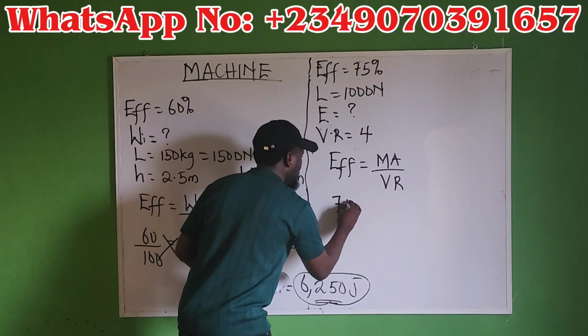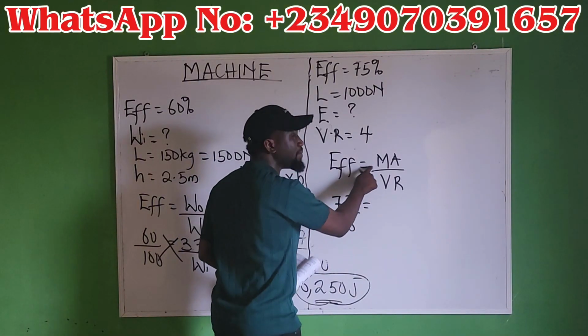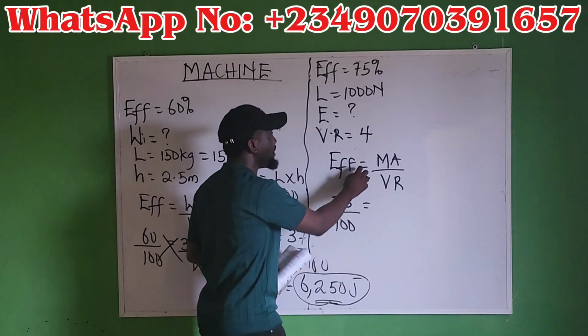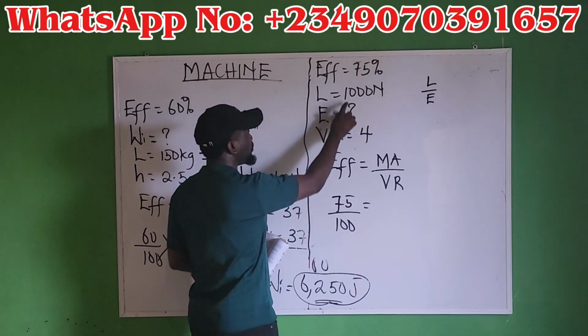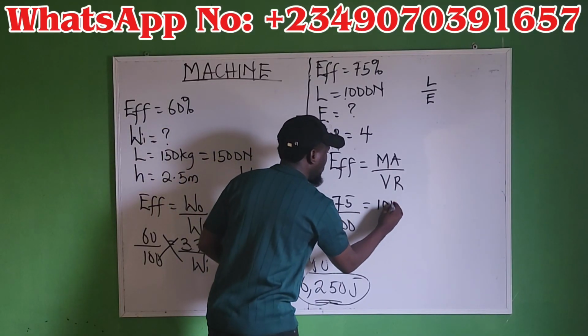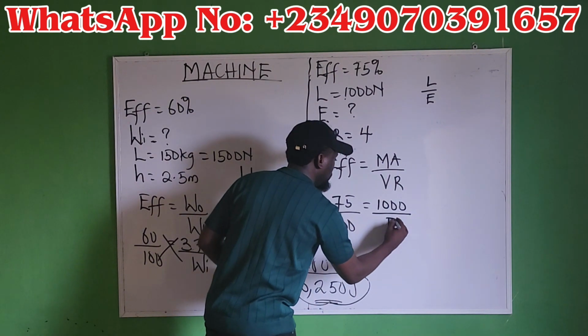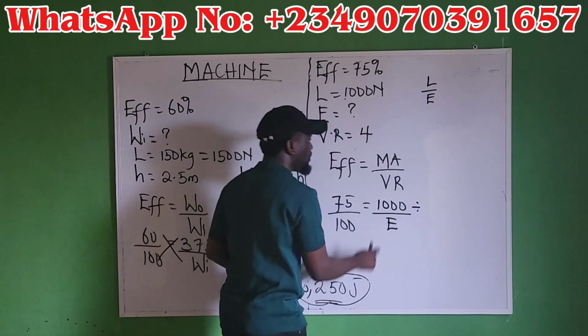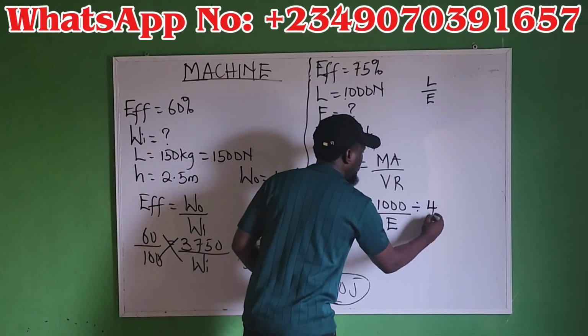So 75 over 100 is equal to mechanical advantage over velocity ratio. Don't forget that MA is load over effort, right? The load is 1000, divided by effort, which is unknown, then divided by velocity ratio, which is 4.